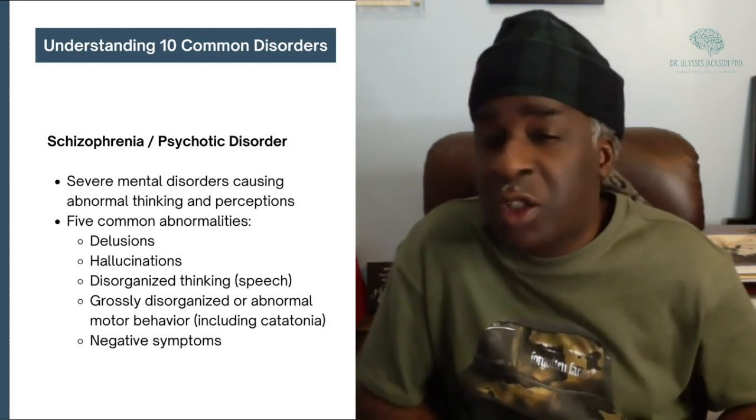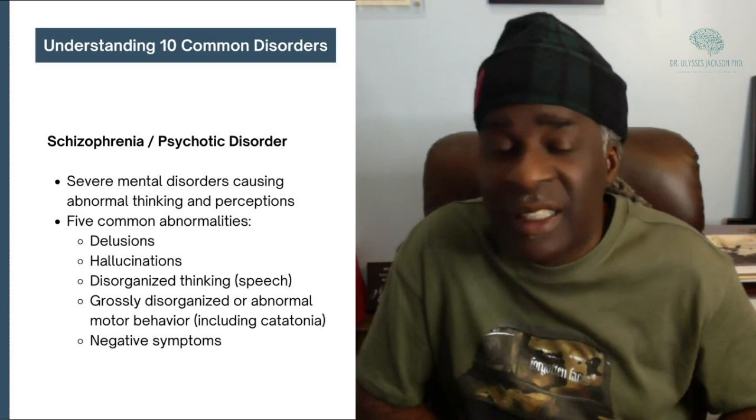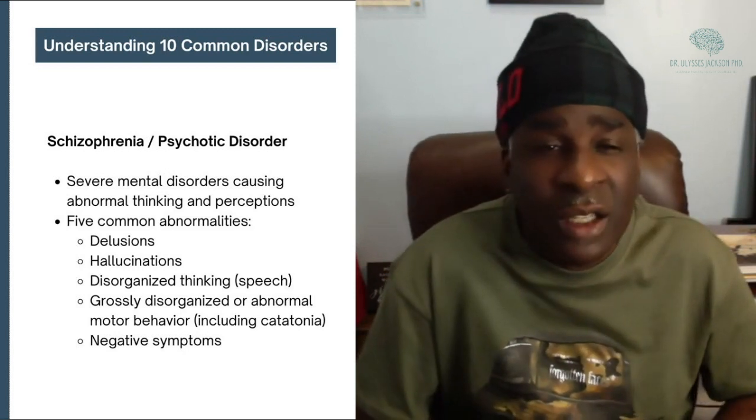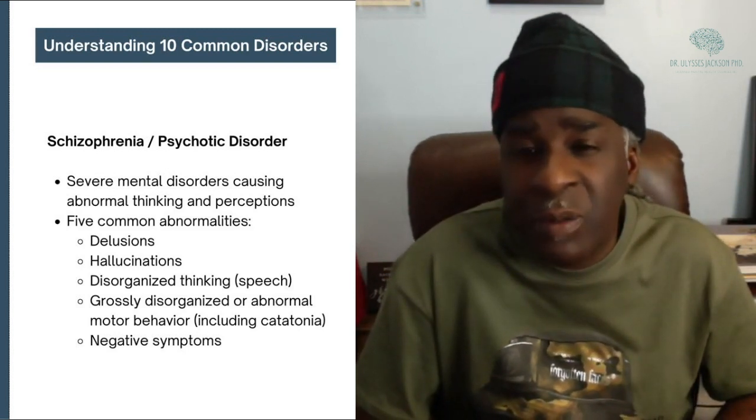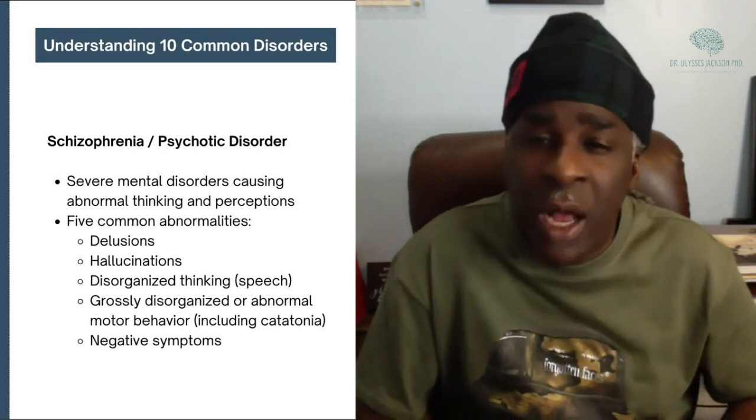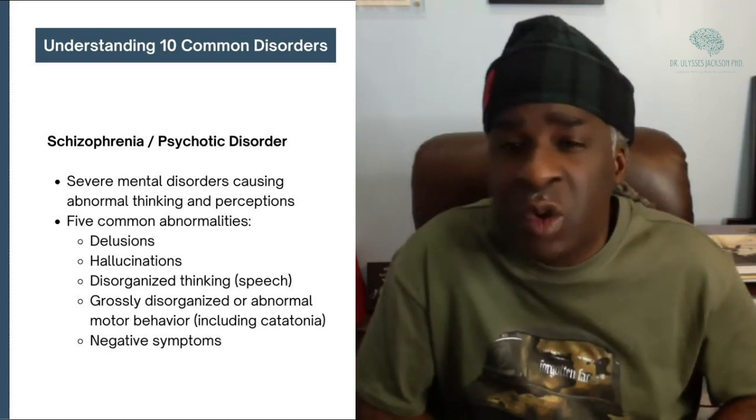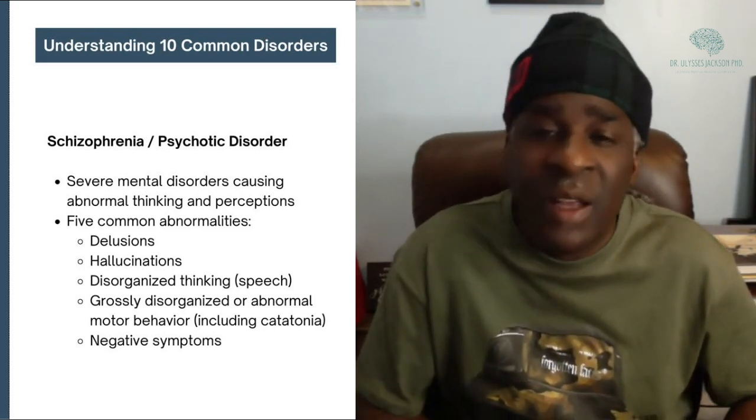So when someone starts to hallucinate, that alone, does that mean you're in a schizophrenia spectrum? This is why this evaluation is so severe and so sensitive. And we have to know what this is.